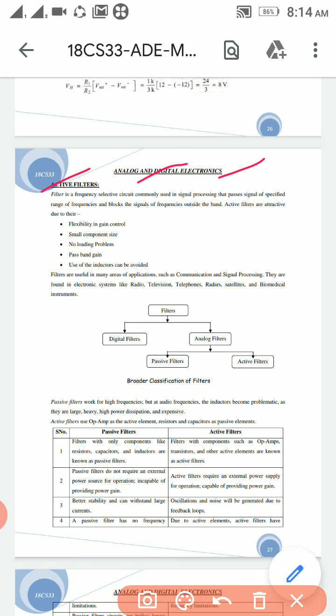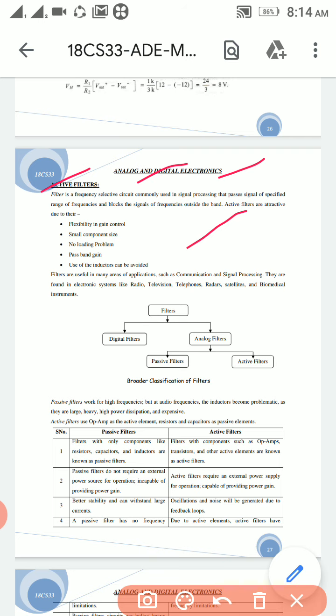Also, what exactly will the filters do? They pass the signals of a specified range of frequencies and also block the signals of frequencies outside the band. The set of frequencies within the band will pass through these filters, whereas the frequency range which is out of band will be blocked or rejected.